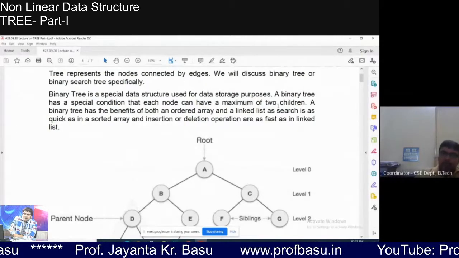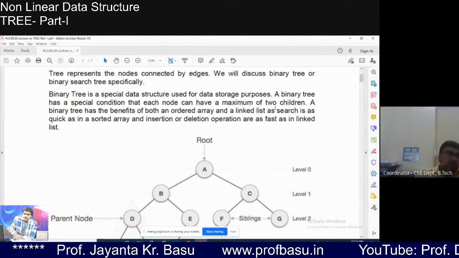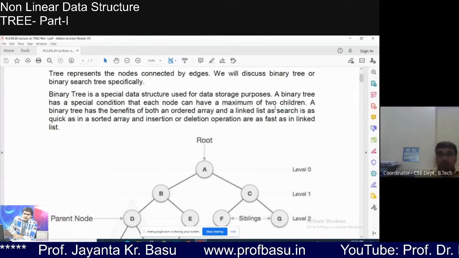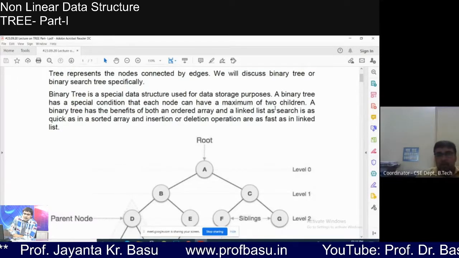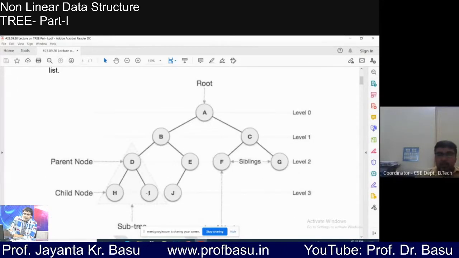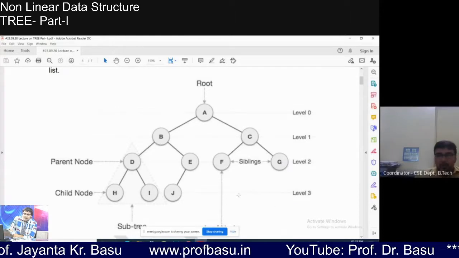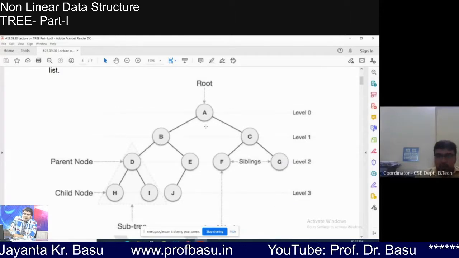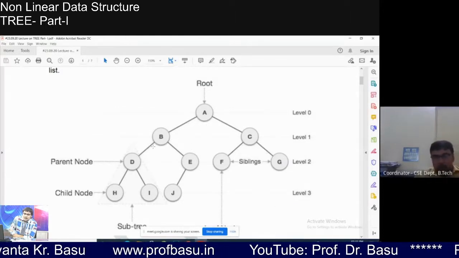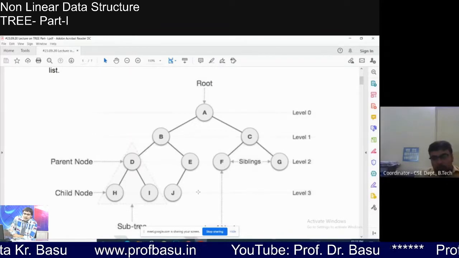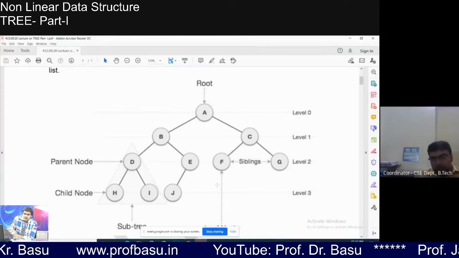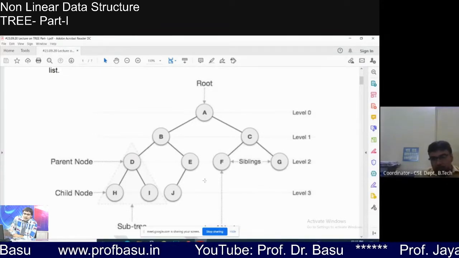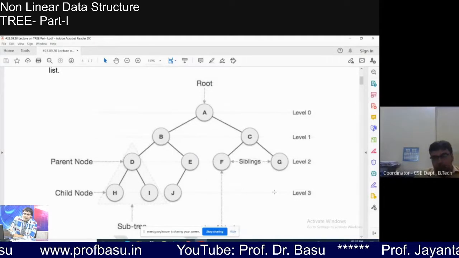So what is the difference between a complete binary tree and an almost complete binary tree? Mainly this is an example of an almost complete binary tree. Why almost? See, here the tree is almost filled up, but only this is yet to be filled, right? So, almost complete binary tree.